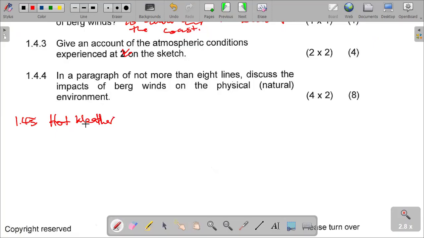It is a result of air being heated up as it descends the plateau. I'm sure that you know as the air falls down, it heats up.